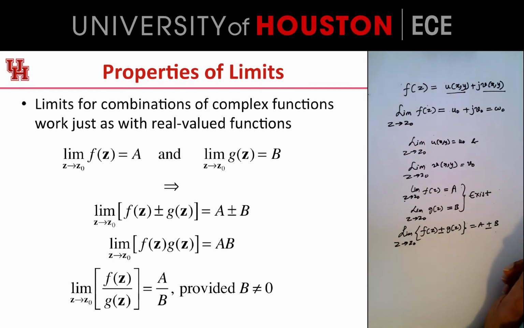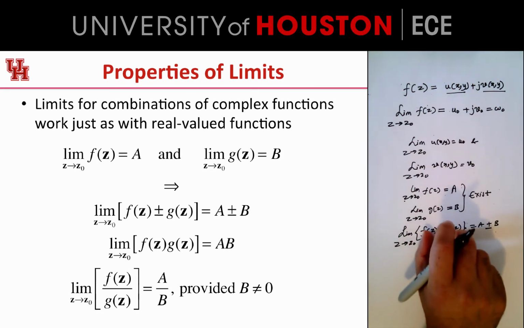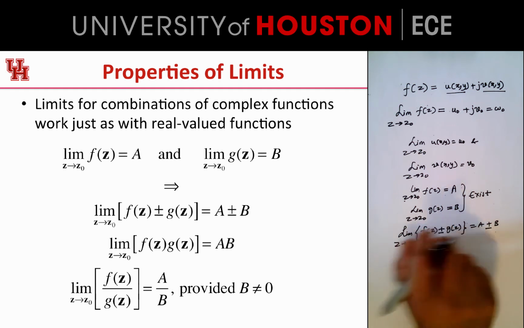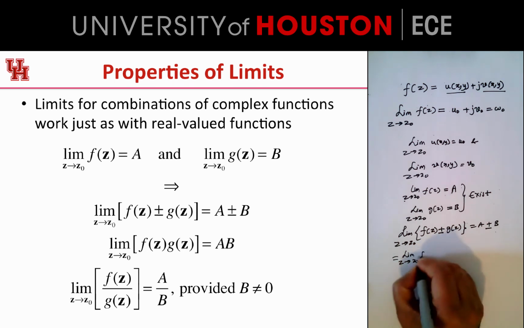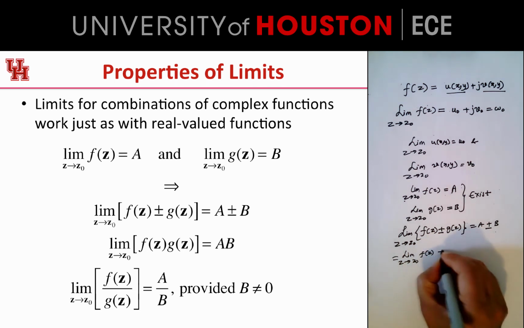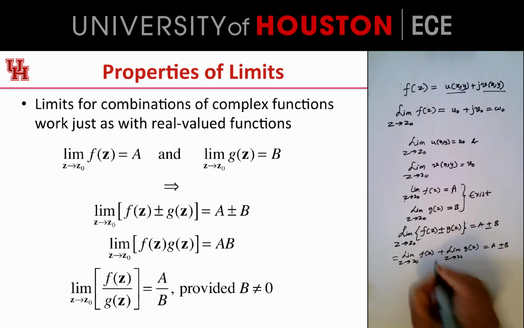So if I'm given a sum or a difference of functions, I can essentially say this is equal to the limit as z goes to z naught of f of z plus the limit as z goes to z naught of g of z, and that's equal to a plus b, and of course a plus or minus b.